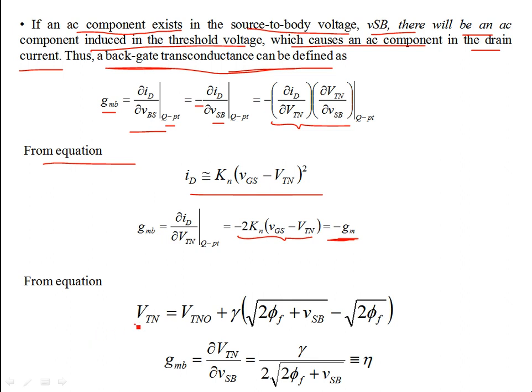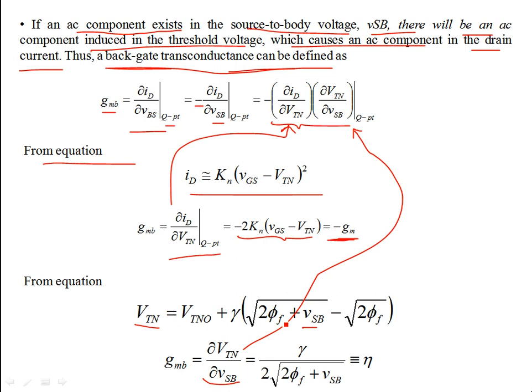Then from the equation of VTN, which also depends on VSB, this expression is partial ID with respect to VTN, the variation of the drain current with respect to the threshold voltage. That is the first part, and then we have the threshold voltage varying with respect to the source and the bulk, or body, of the MOSFET.